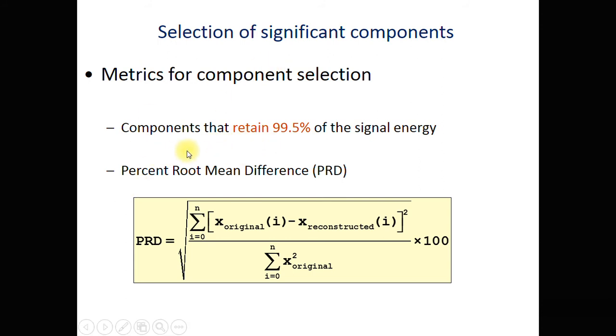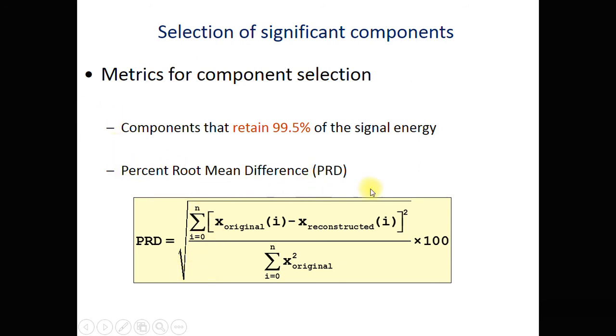Another important thing which I am going to use is the percent root mean difference. Whenever I have a discrete cosine transform and I truncate or retain only the important parts of the coefficients, now if I reconstruct that using the inverse discrete cosine transform, the reconstructed waveform and the original waveform may have some difference, and that is given by what is called the percent root mean difference.